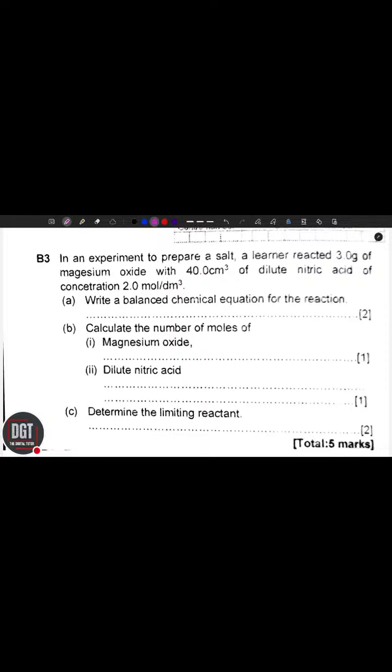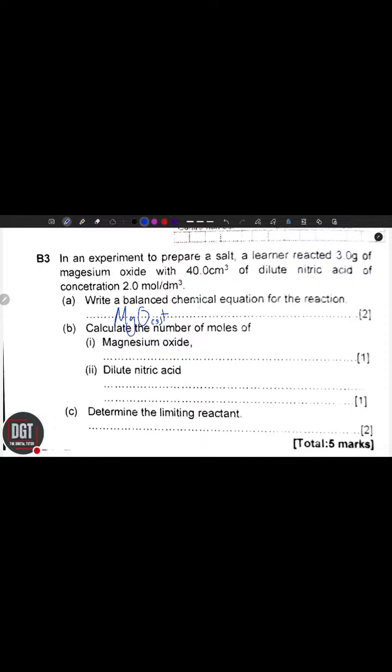So here, magnesium oxide, and you know that this is solid. Let me just use blue. So magnesium oxide, which is solid, plus what is here? Nitric acid.